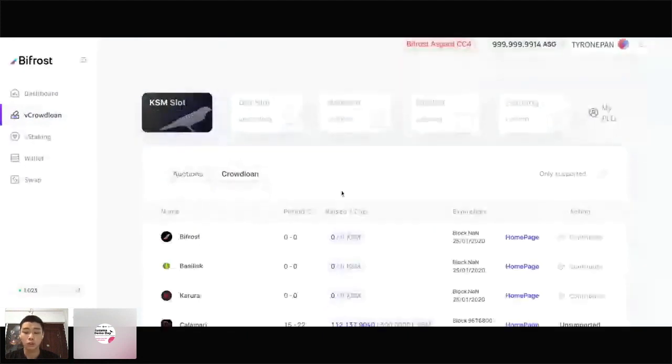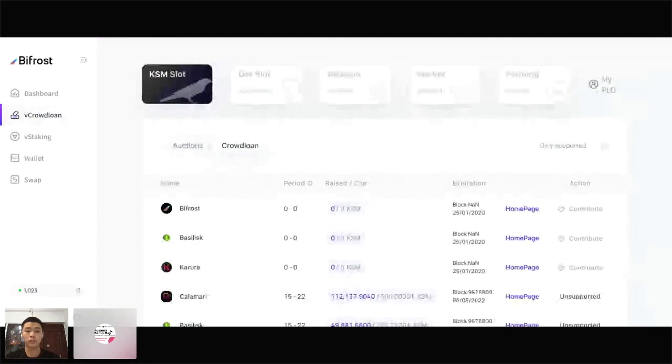So let's take it back. If I'm a newbie to Bifrost, to initially use the Bifrost product, I need to do the cross-chain and cross my Kusama to the Bifrost chain, and I can use my Kusama to contribute, and I can get VS Kusama and VS Bond.